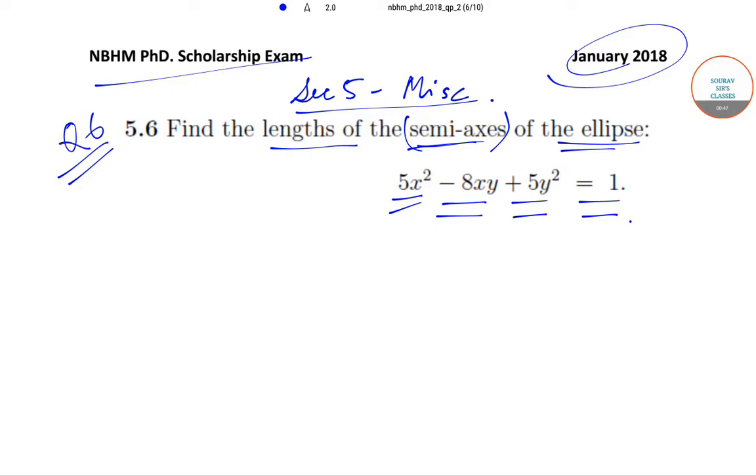Now for this question, we'll try to take some general equation of an ellipse of this form.